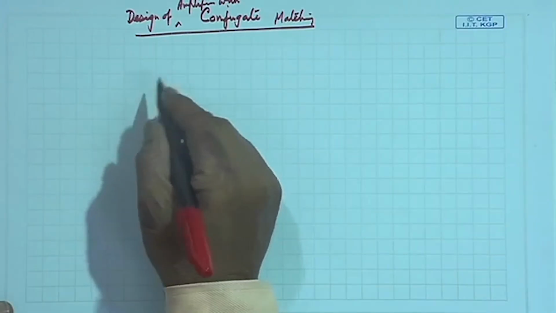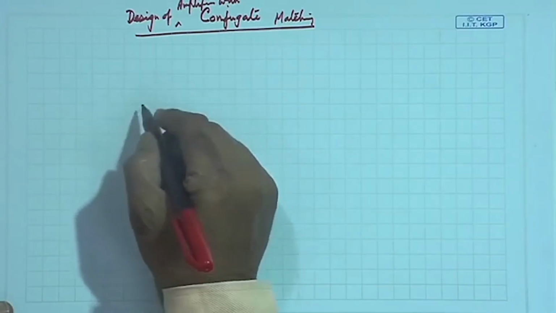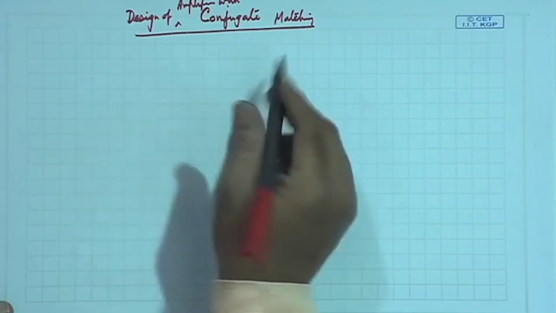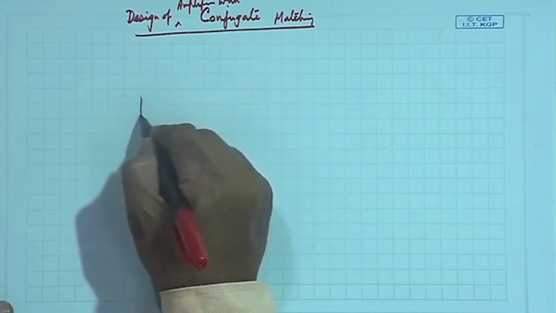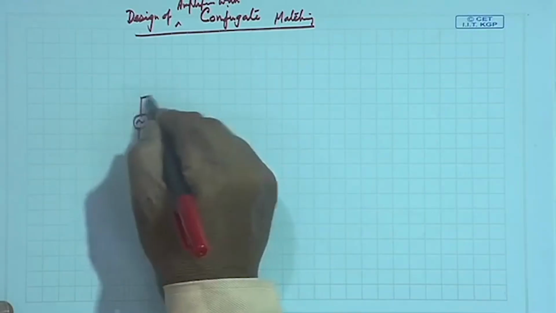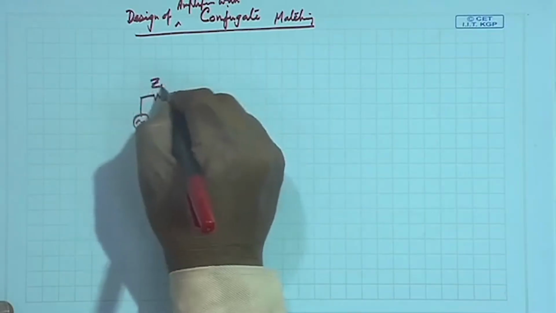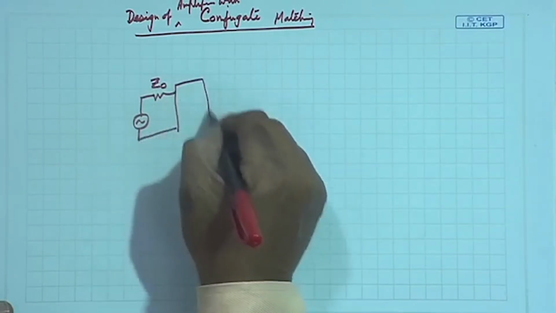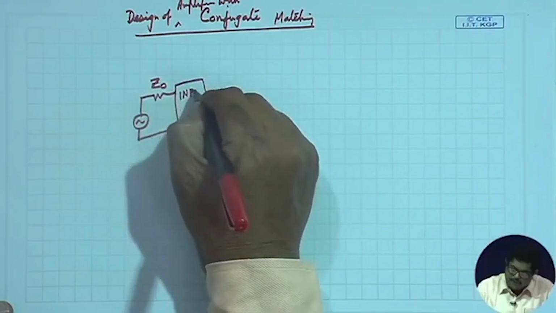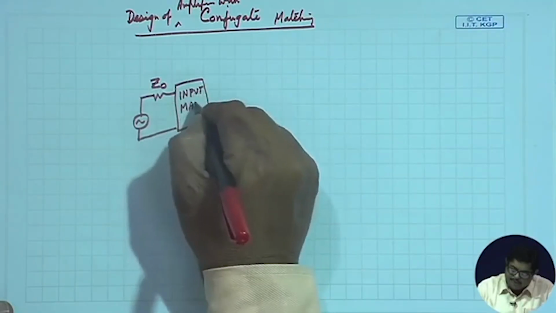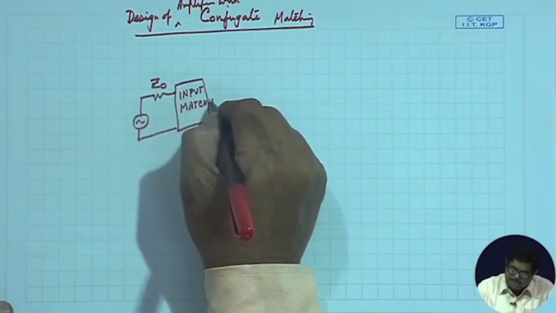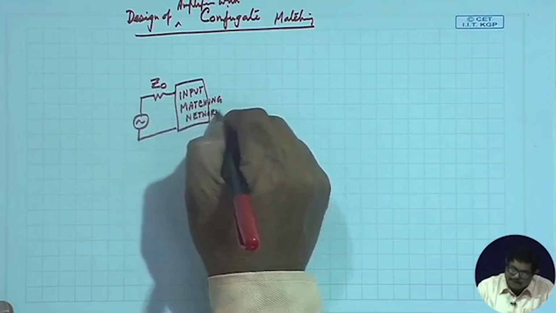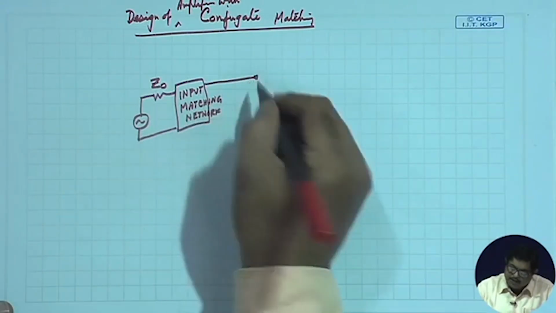Now, if we refer to our original diagram, in the previous class we said that finally under conjugate matching I will have a source, then an input matching network, this is conjugate impedance matching.